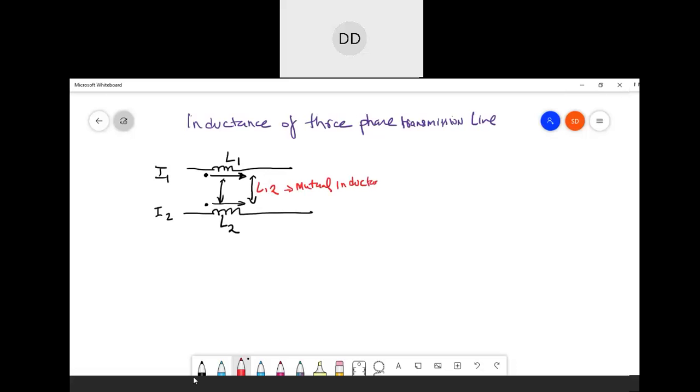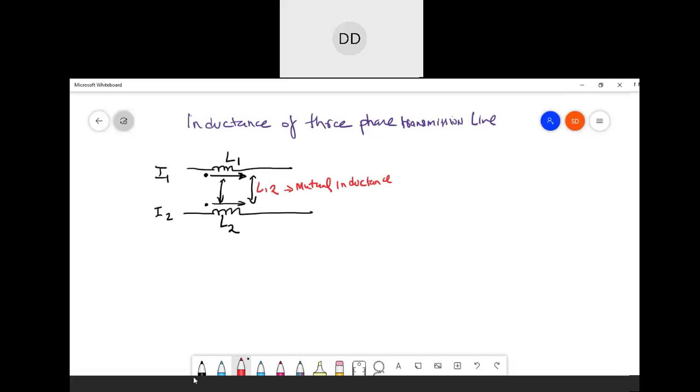What I mean by this is that the series inductance per phase of this wire would be represented in terms of the self inductance of each conductor. It represents the series inductance per phase for the single-phase two-wire line, in terms of the self inductance of each conductor and their mutual inductance.